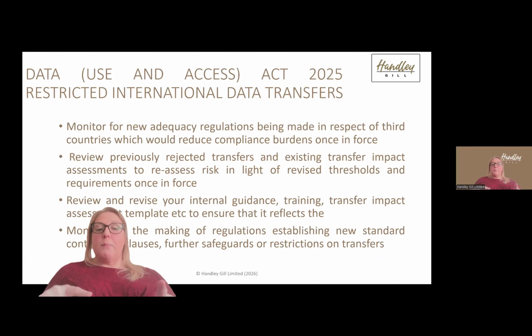You might want to review previously rejected transfers and existing transfer impact assessments to reassess risk in light of revised thresholds. You might want to review and revise your internal guidance, training, and templates to ensure that they reflect the new lower threshold, and monitor for the making of regulations establishing new standard contractual clauses, further safeguards, or restrictions on transfers that the Secretary of State is able to make.